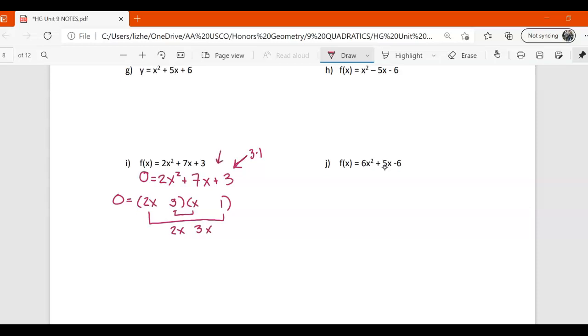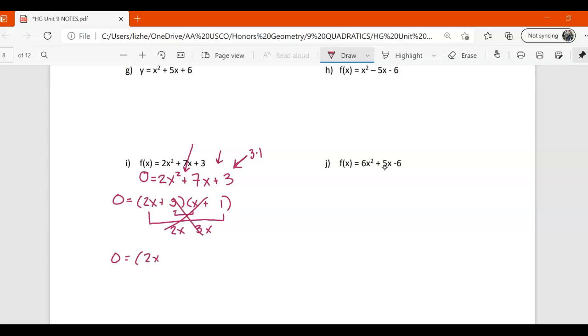They're either both positive or both negative. But then this plus sign right here says that they both have to be positive. So what I have then is 2x plus 3x, and that does not equal 7x. So therefore, I know that this is not the correct factoring. So then I'll do it the other way.